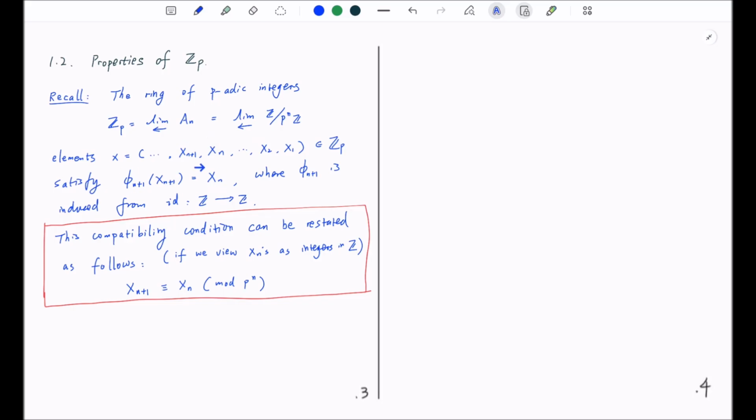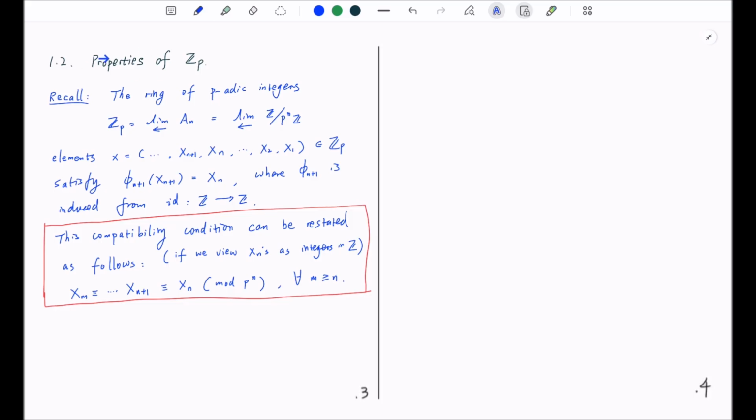This compatibility condition is equivalent to saying that as integers, x_(n+1) is congruent to x_n modulo p^n. You can further extend this to x_m congruent to x_n modulo p^n for any m bigger or equal to n.